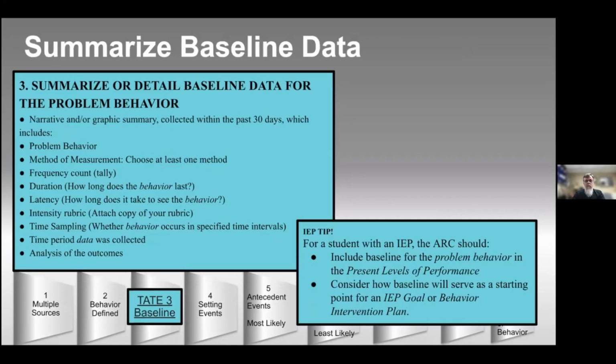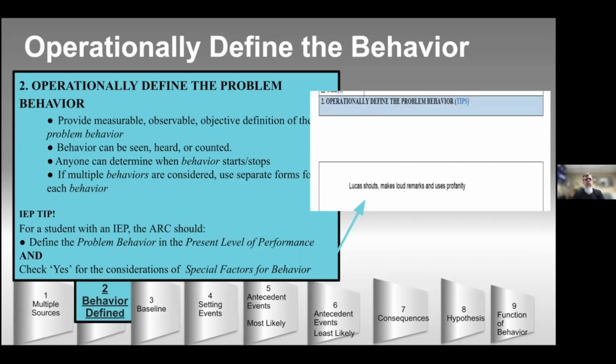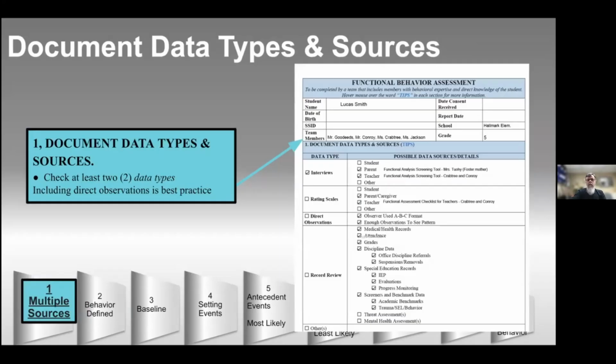Next thing that you want to do is you're going to have to take some baseline data. And then going back to the data types and sources, it says check at least two data types. Direct observation is best practice. Some of the things that you could possibly do are indirect observations or indirect data such as interviews and rating scales.